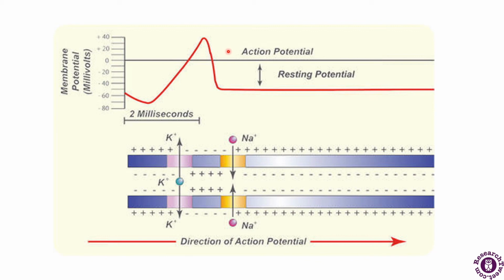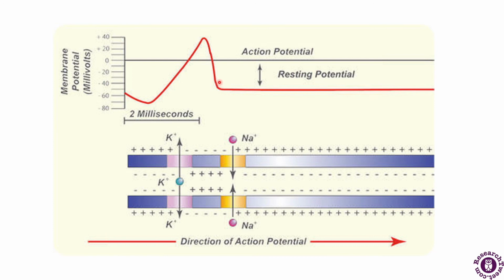The inside of the membrane becomes negative again, and this process is called the repolarization of the membrane. Then both ion channels close, and the sodium potassium pump restores the resting potential of minus 70 millivolts.